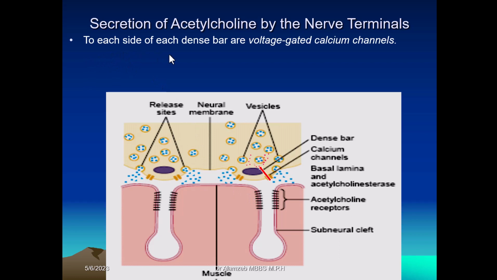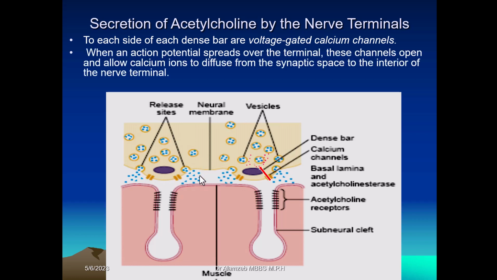On each side of each dense bar are voltage gated calcium channels. You can see that the voltage gated calcium channels are present here on both sides of this dense bar.